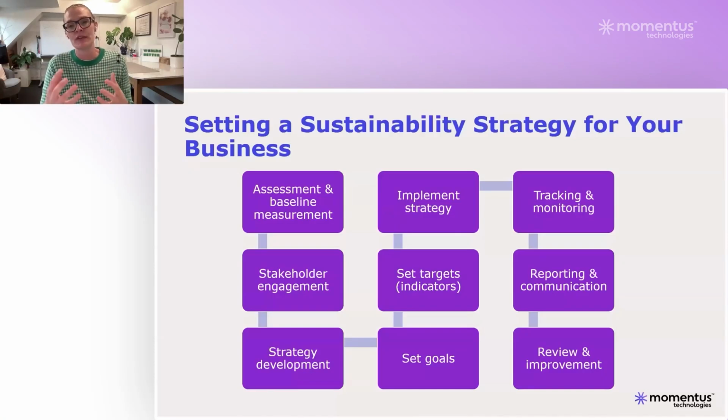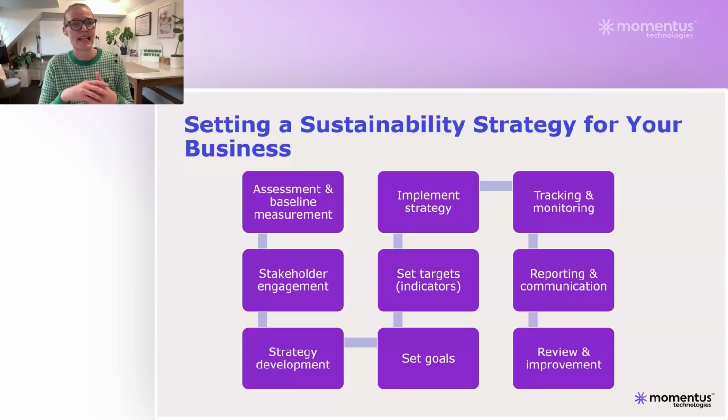Generally when I'm providing consultancy and setting up a strategy for a business, these are the steps I take. I start off with a business assessment, an audit, a gathering of data, and understanding where a business is at to identify that baseline.